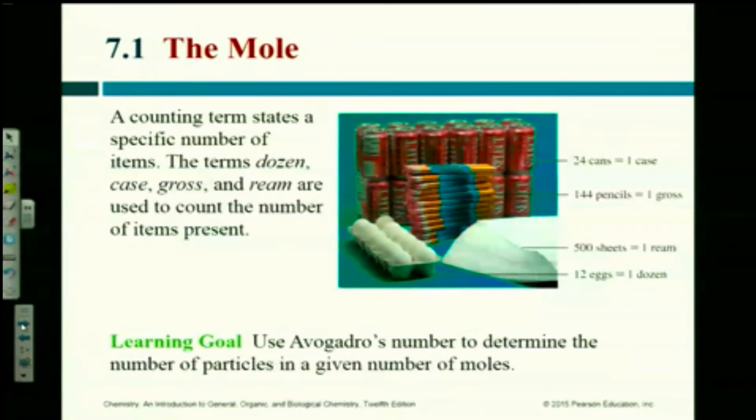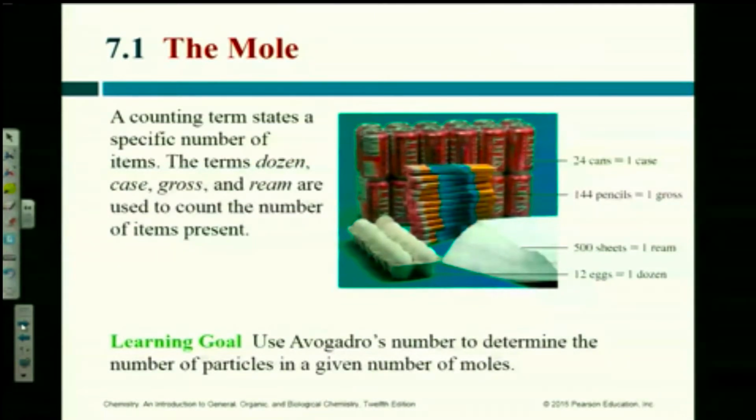How many bottles of water did you buy? You probably bought 24 bottles, didn't you? That's what comes in a case. Well, the mole is the chemical equivalent of that. When the chemist says you have a mole of something, we all know how much of something you have.